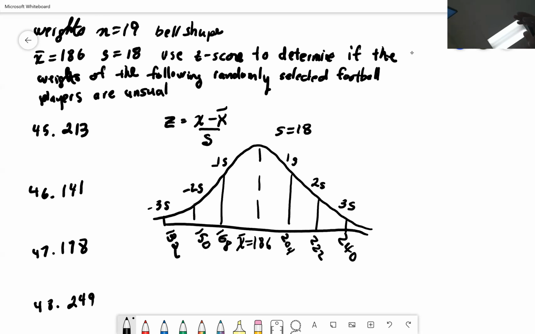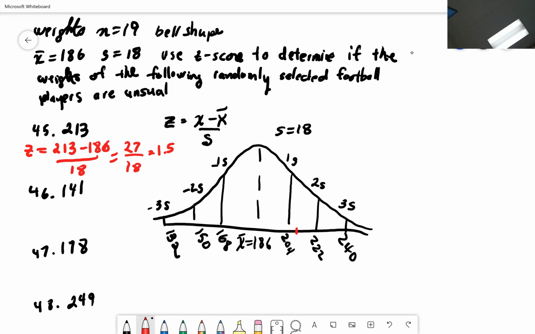So now let's take a look at 213. 213 will be around here. If you apply the z-score to it, this is your x: 213 minus 186, which is your mean, divided by 18. 213 minus 186 is 27, and 27 divided by 18 is 1.5.